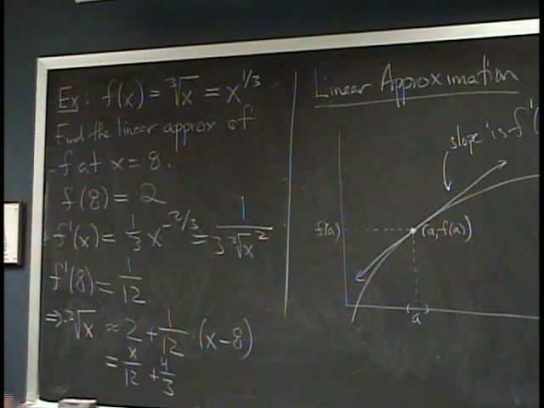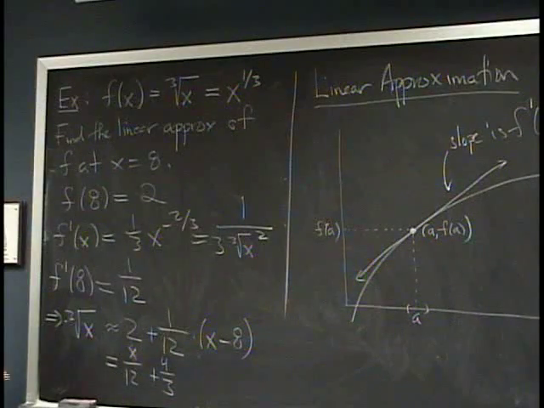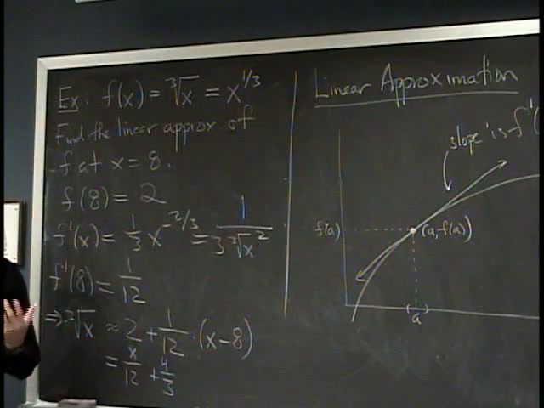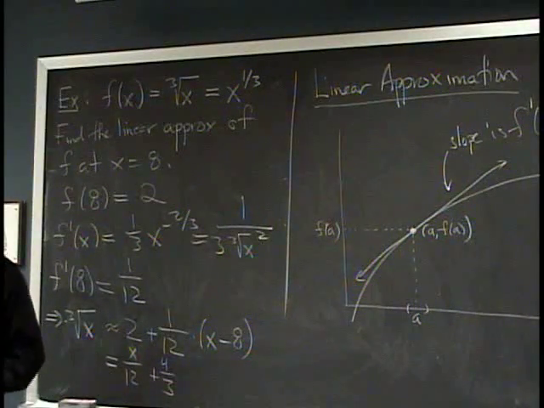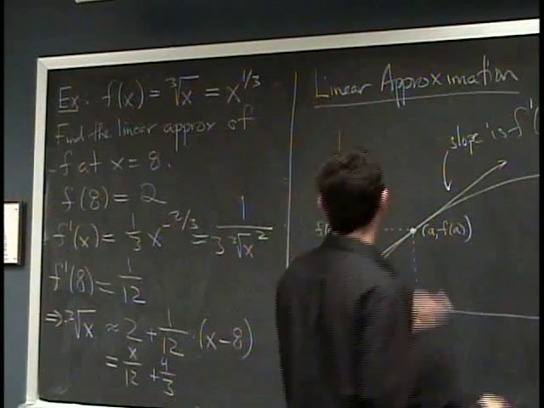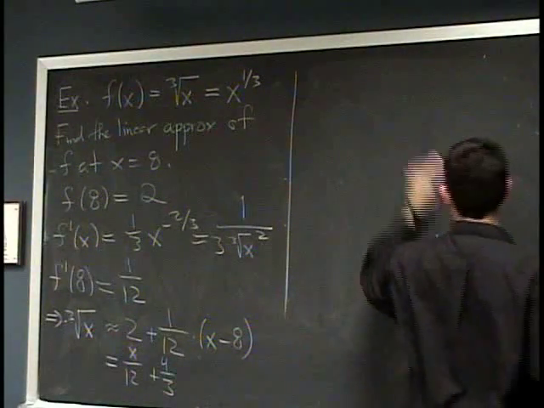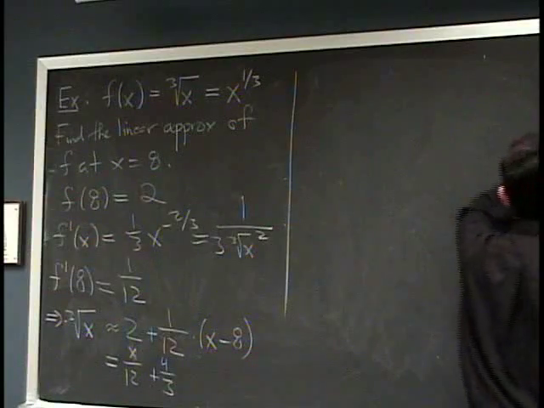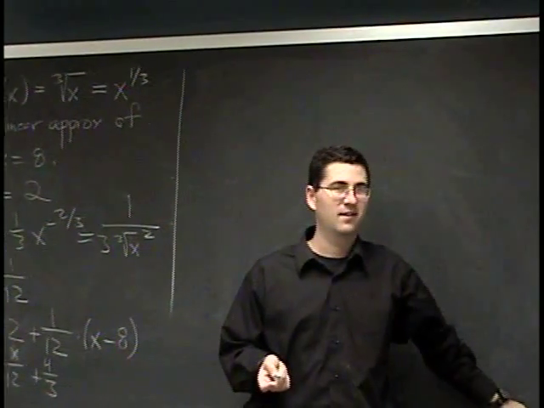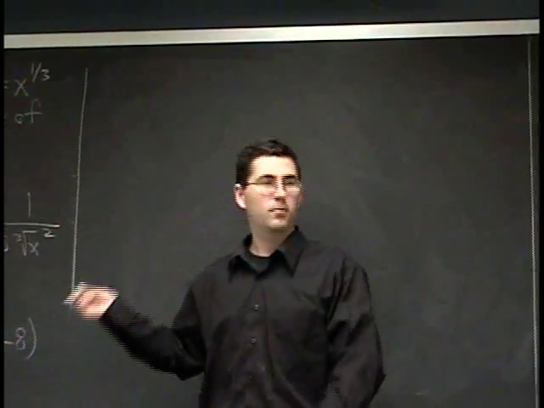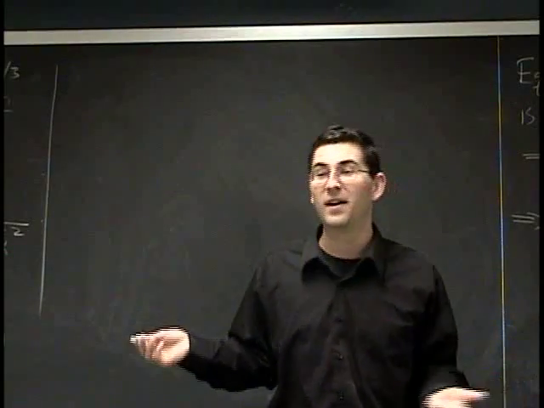So that's pretty cool, right? If you're looking for points around 8 and you want to know the cube root, you don't have to do any cubing. Say you want the cube root of 7.95. How would you even begin to do that without a calculator? You take a guess. Well, it's pretty close to 8, so the cube root should be pretty close to 2, right?